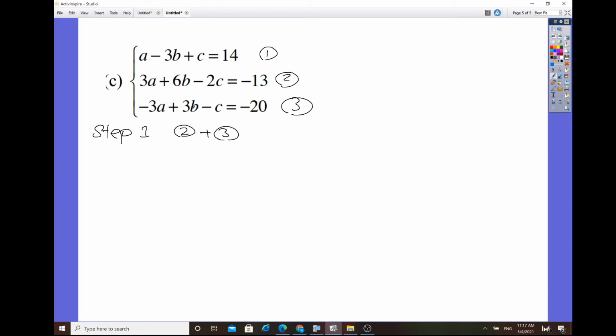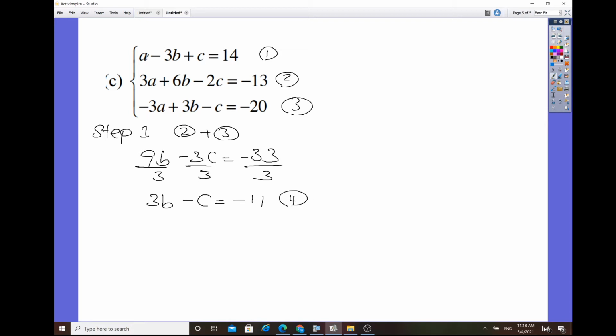So 6b plus 3b, that'd be 9b. Negative 2c plus 1c, negative 3c. And then negative 13 plus negative 20, negative 33. Then divide each term by 3. So we got 3b minus c equals negative 11. Let's say this one is the fourth equation.